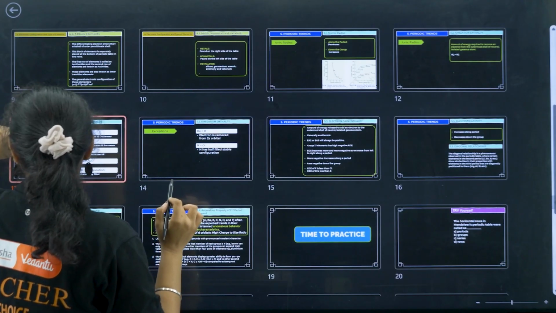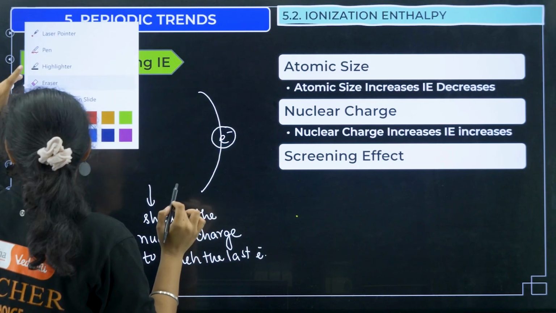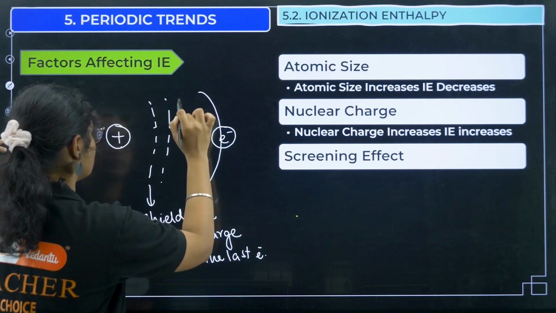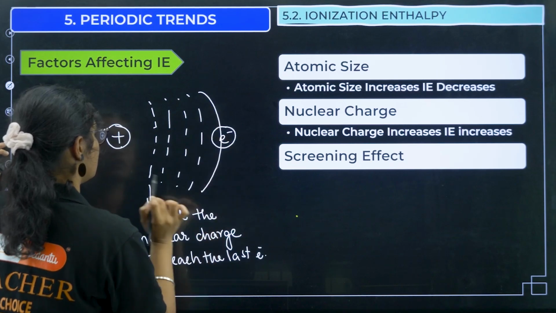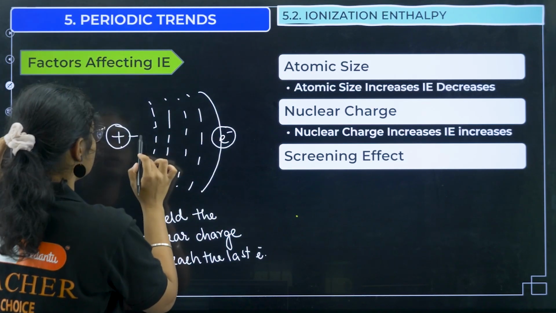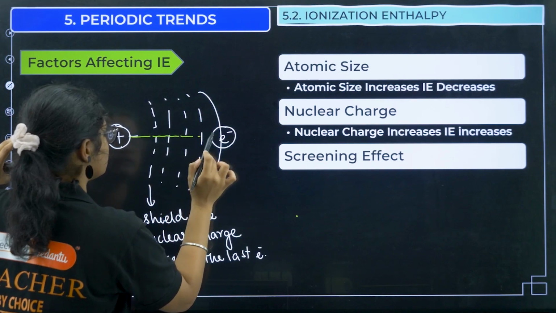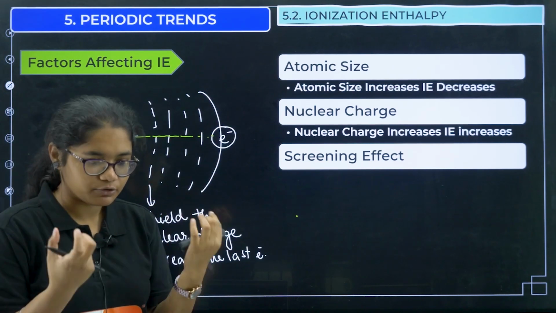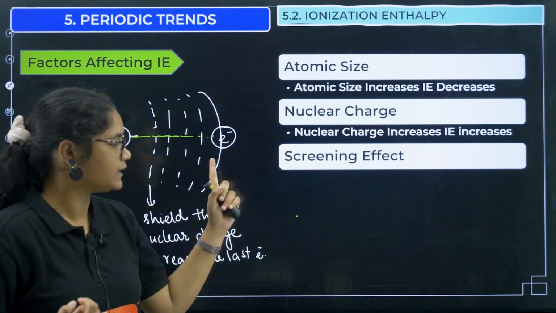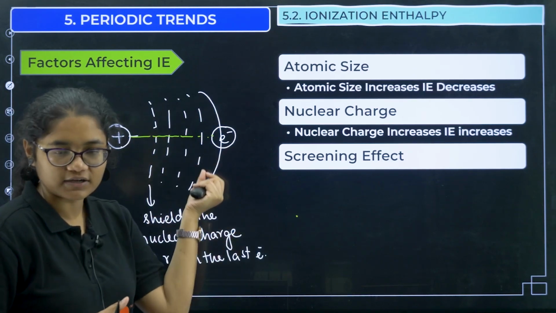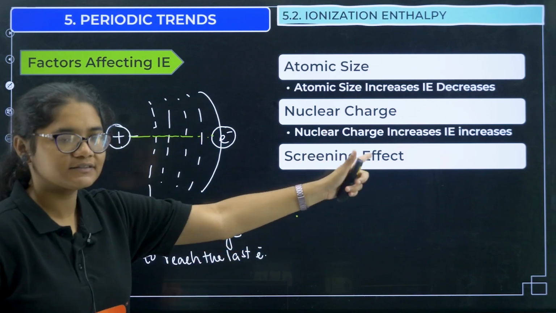The nuclear force cannot reach the last electron fully; it will reach very mildly, or the nuclear force will be decreased when it reaches the last electron. This shielding of the nuclear charge from the last electron is called the screening effect.